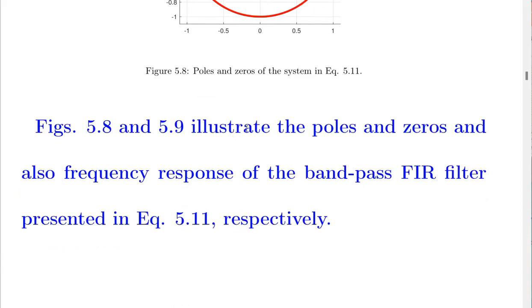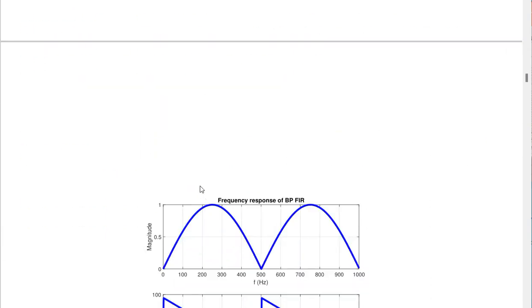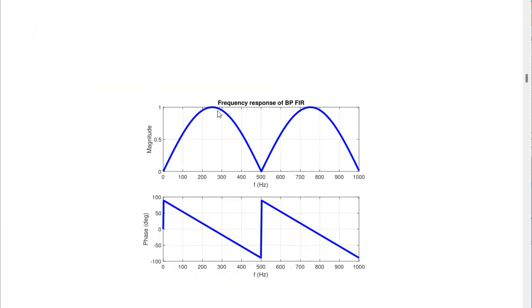Two figures illustrate the poles and zeros and also the frequency response of the bandpass FIR filter presented in equation 5.11, respectively. Now let's have a look at the frequency response. Here you see 0 and pi, or in the frequency range 0 and half fs, cannot pass, but the middle range can pass. And this is the phase.